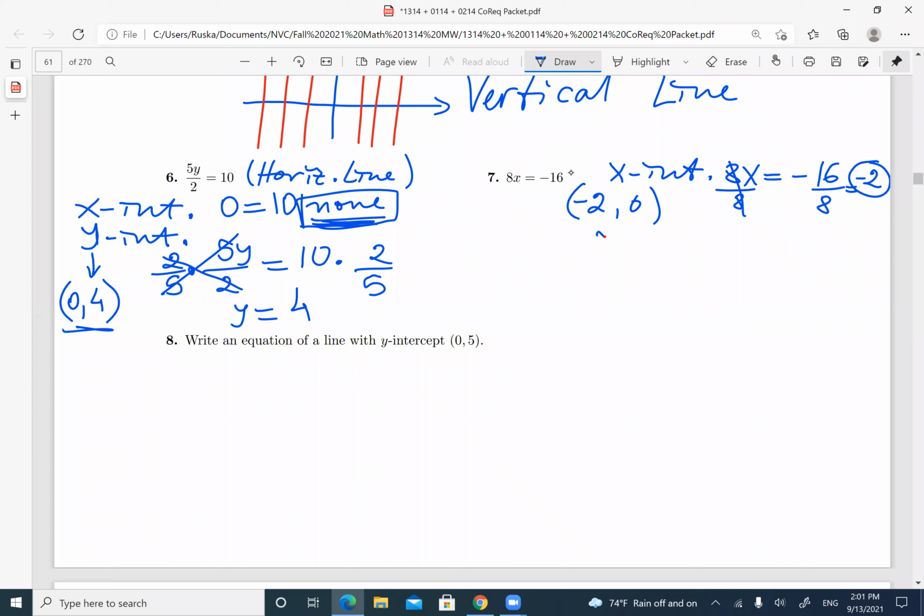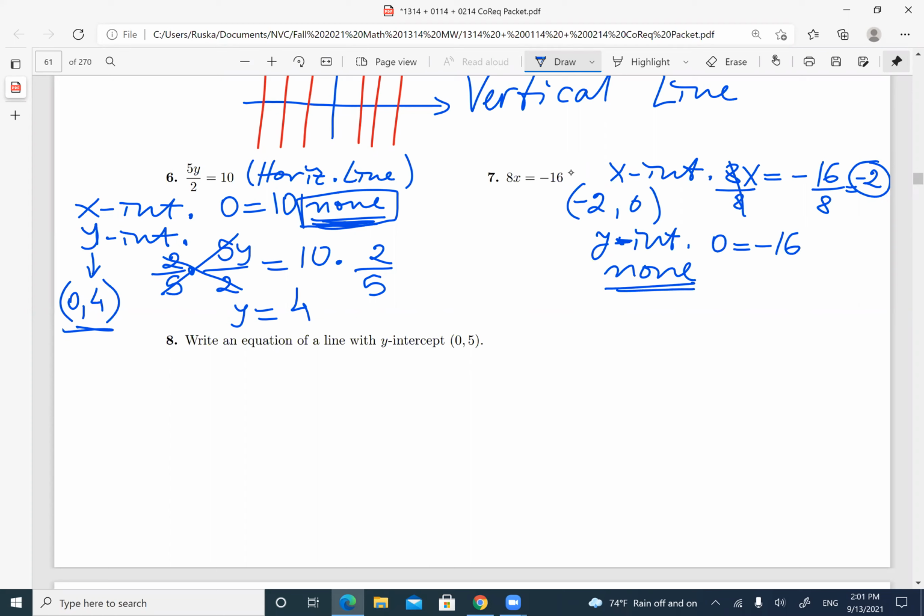Now finding the y-intercept, I'm going to put 0 for x, right? So it's going to be 8 times 0 is 0 equals negative 16. 0 is not equal to negative 16. So again, you have no y-intercept. You can't cross the y-axis. What type of line is that?